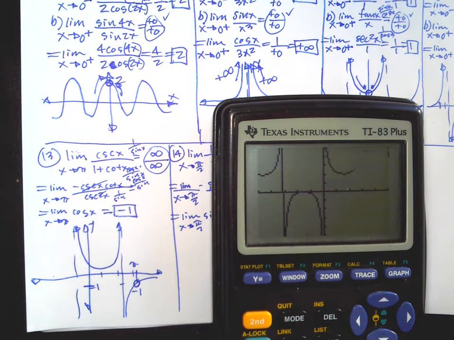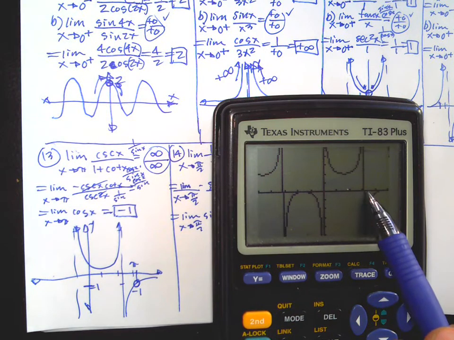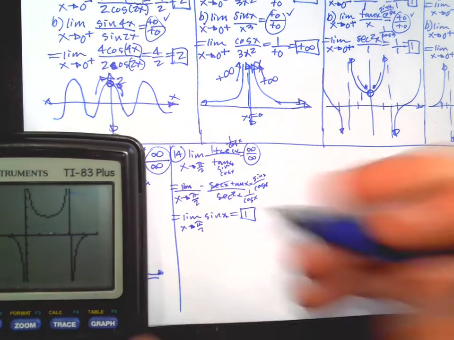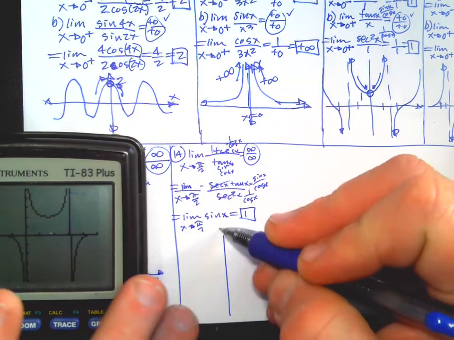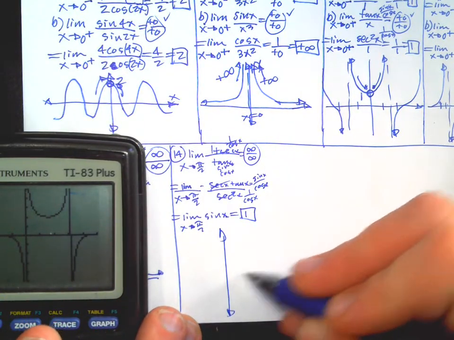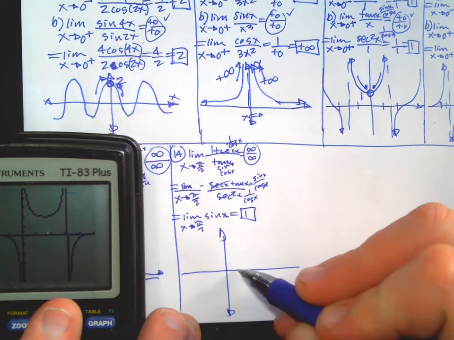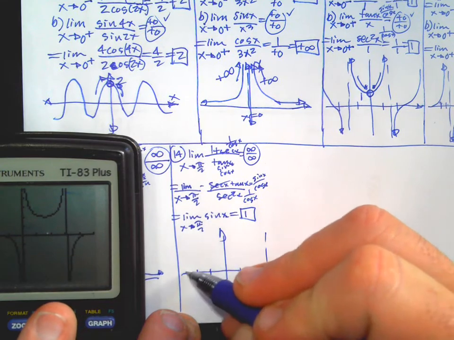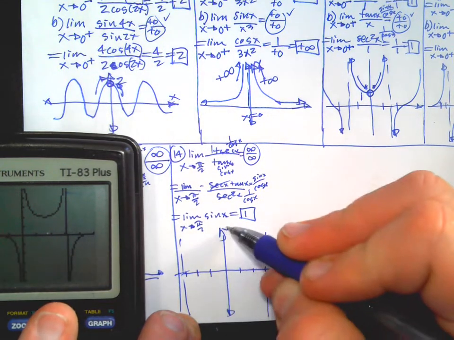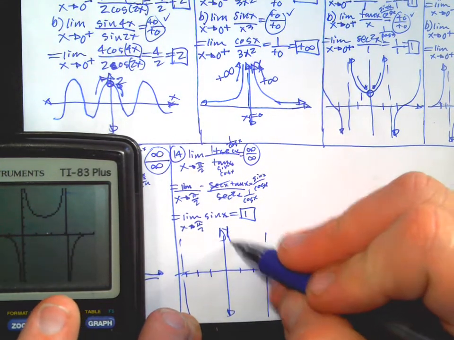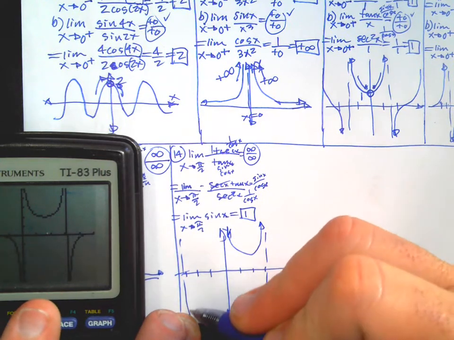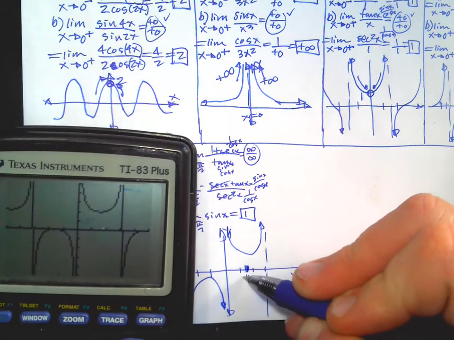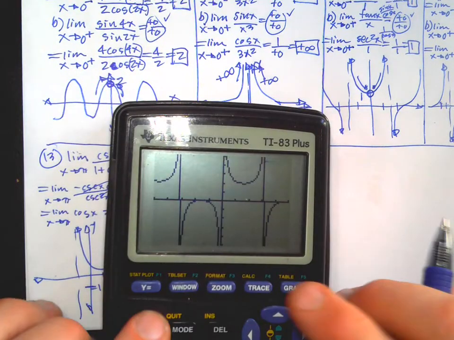We're approaching pi over 2, which is about 1.6, 1.5, which is right around there. It looks like the vertical asymptotes are around pi and negative pi. And the graph kind of goes like this and like this.